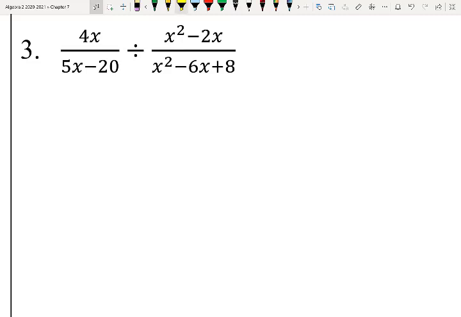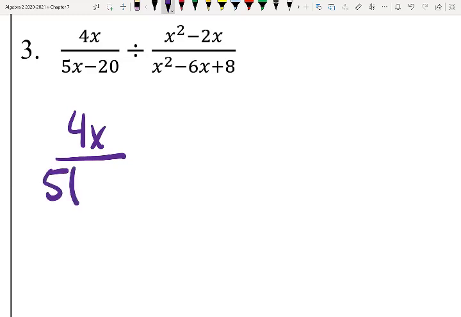So in this first fraction, 4x does not factor out at all. It's just 4x. In my denominator, 5x and -20 have a 5 in common, leaving me with x minus 4. Since I'm dividing, I have to flip my second fraction over here. So when I factor this, the factored out version of my numerator is going to become my new denominator, and vice versa.